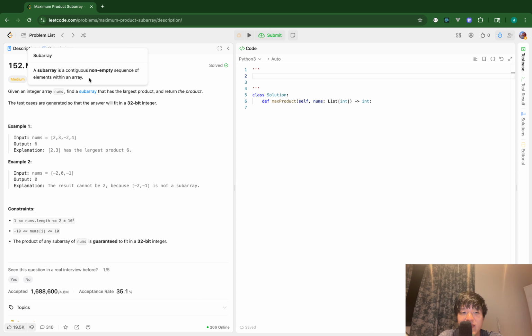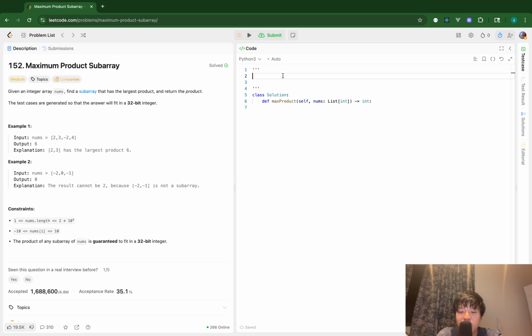So in this case, subarray is defined as a non-empty sequence, so it cannot be empty. And from these examples and also from this constraint, I can see that numbers can be negative, 0, or positive. So that being said, let me think how I can solve this question.